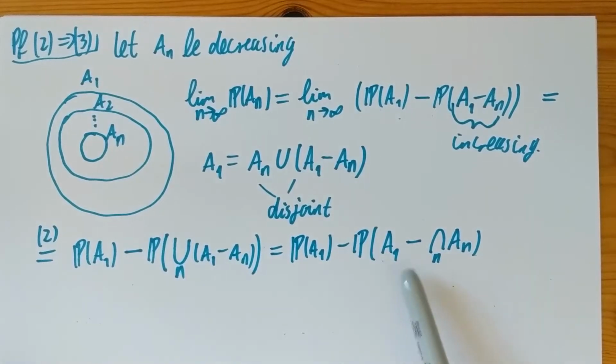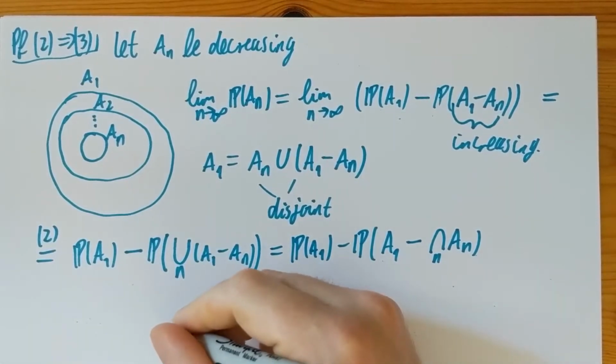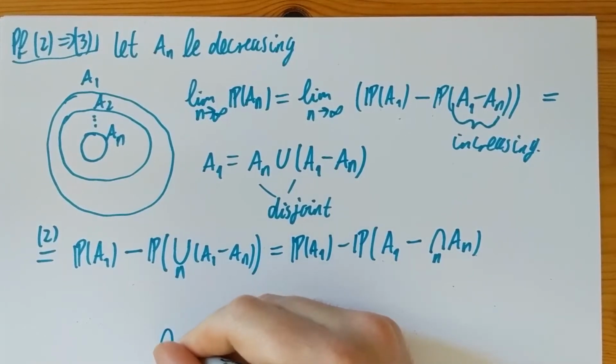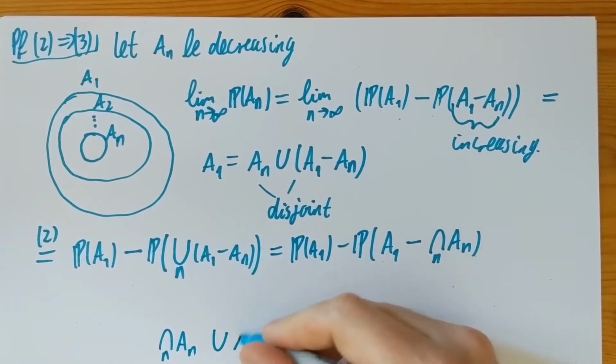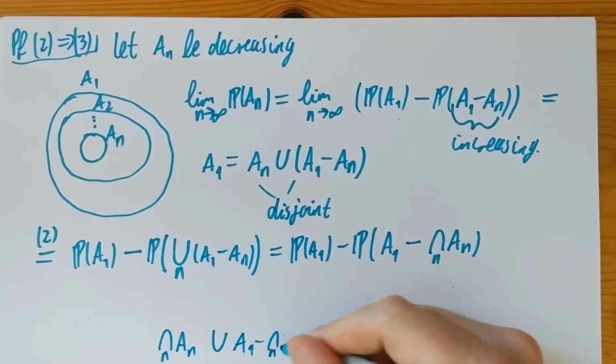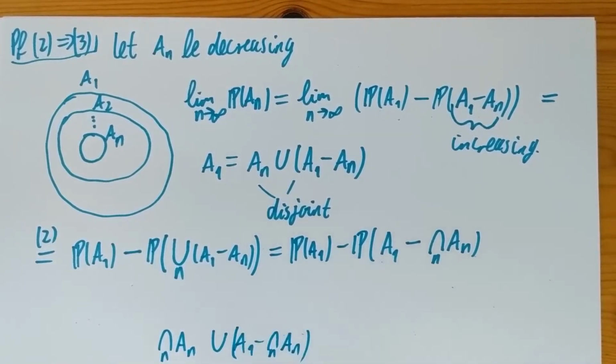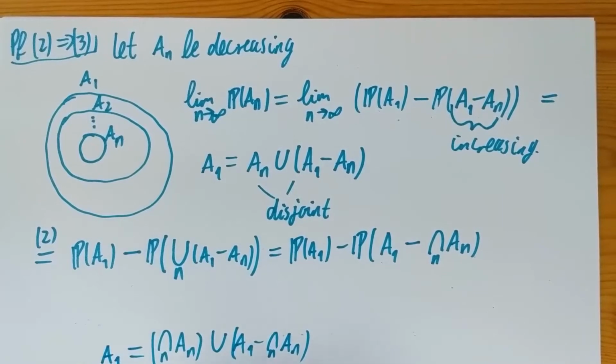But then again, if you carefully look at the intersection of an's, and the union of a1 minus this intersection of the an, these are two disjoint sets, and together they give me a1.